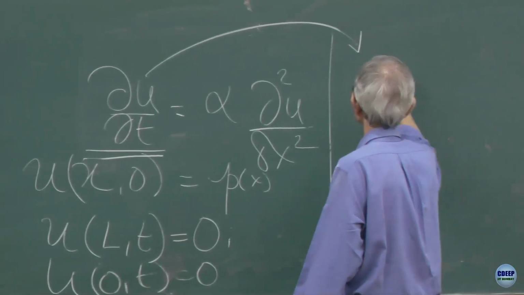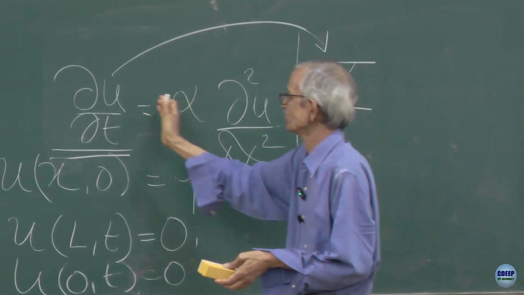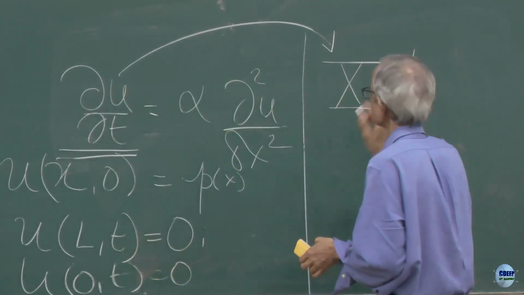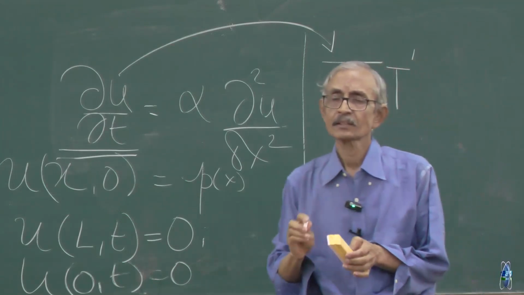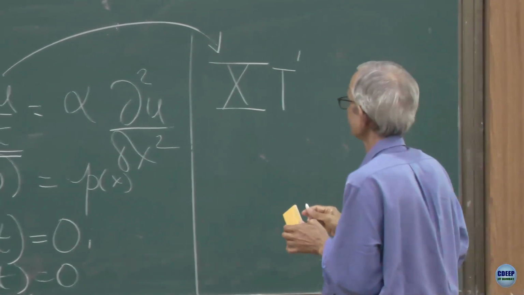X is a function of x, so it's going to come out, and T is there, and now this is a total derivative. Right? So T is a function of t only, X is a function of x only.